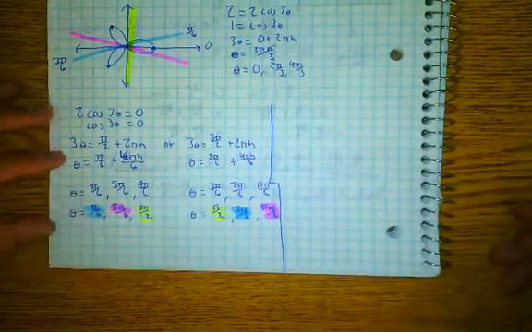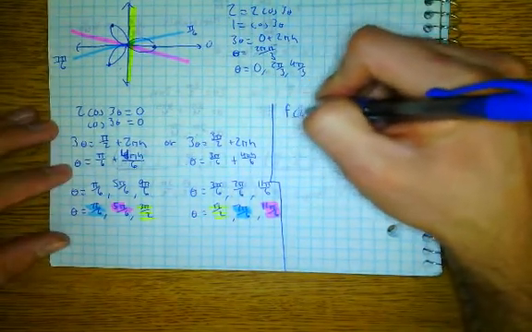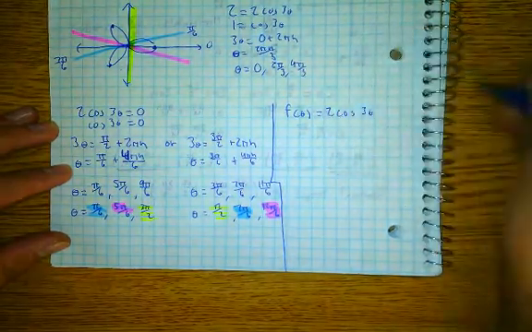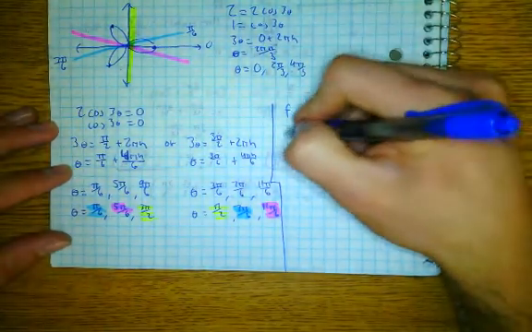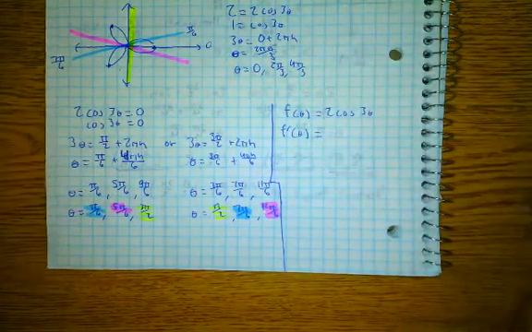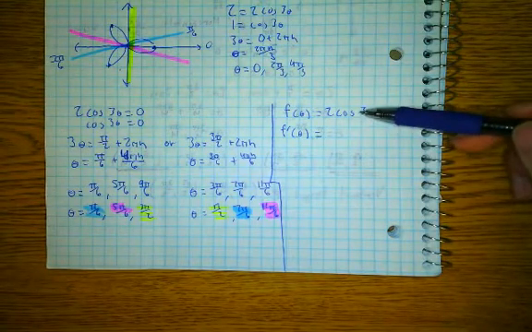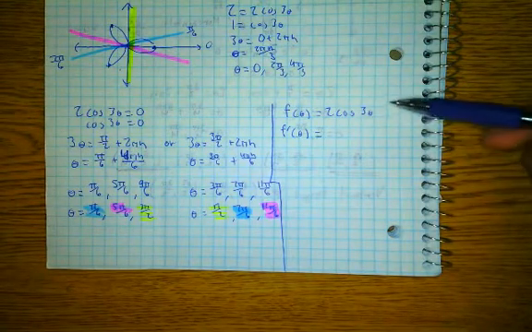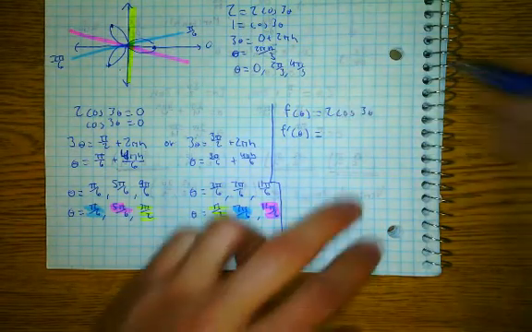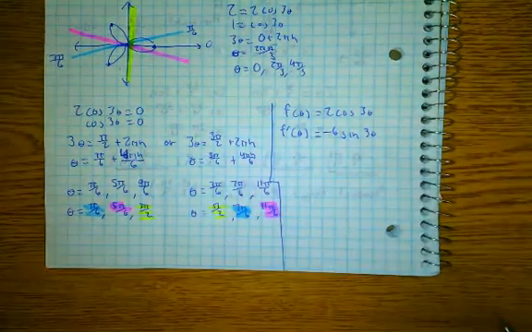Well, if f of theta is equal to 2 cosine 3 theta, right? What is f prime of theta? Well, what's the derivative of cosine? Negative sine, and the derivative of 3 theta is going to be 3. 3 times 2 is 6 times the negative, so negative 6 sine 3 theta.